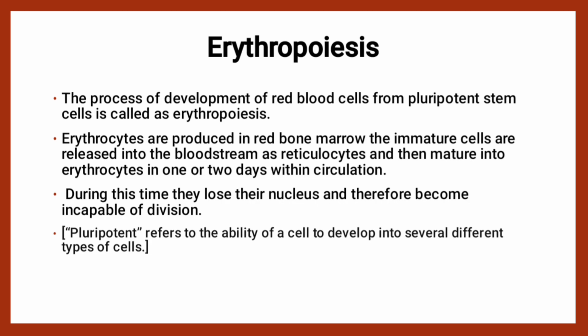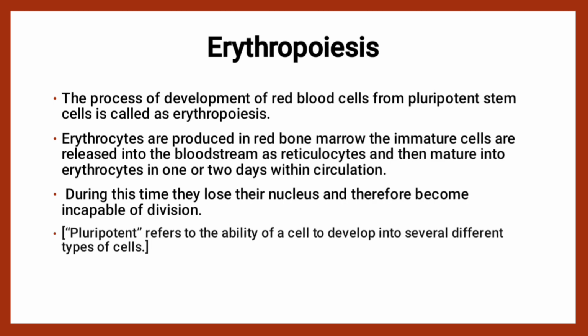The immature cells are released into the bloodstream as reticulocytes and then mature into erythrocytes in 1 or 2 days within the circulation. During this time, they lose their nucleus and therefore become incapable of division. What are pluripotent cells?